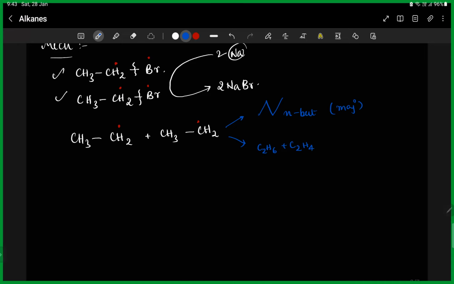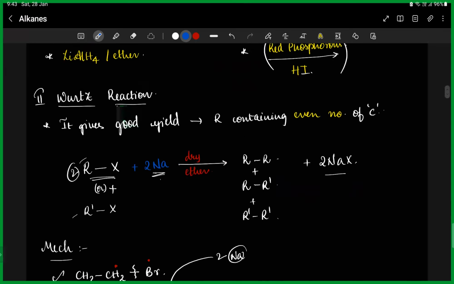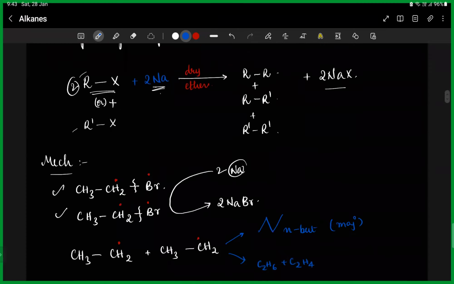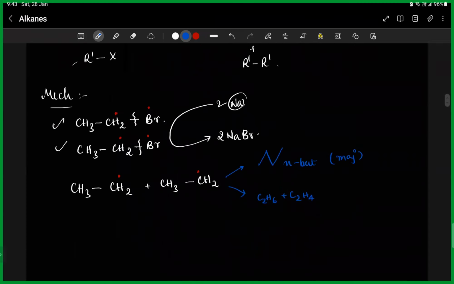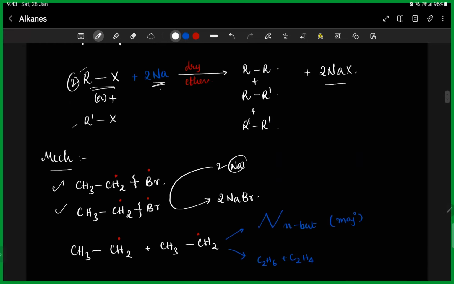Disproportionation can take place, and lesser alkanes can also be produced. So this is the mechanism of Wurtz reaction. It gives good yield in case of a carbon chain containing an even number of carbons.